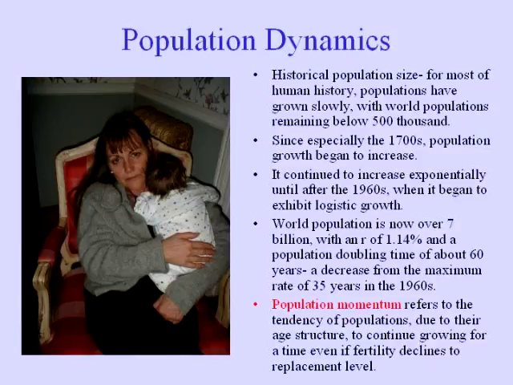There is a phenomenon called population momentum which relates to this. This refers to the tendency of populations to continue to grow as a consequence of their age structure, even after the time when fertility rate declines to just replacement level.